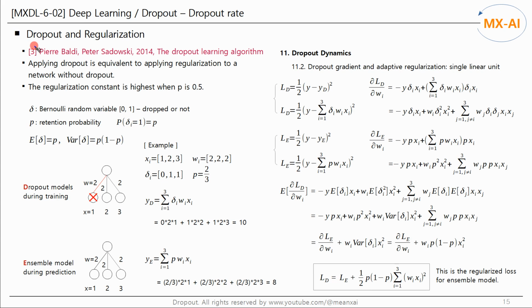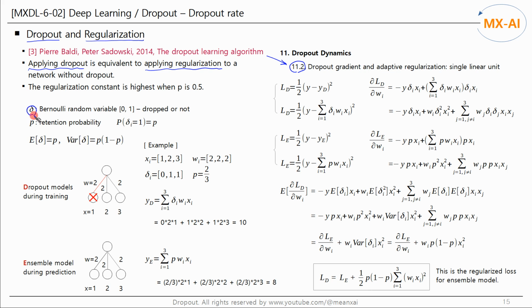Next, let's look at the relationship between dropout and regularization. Applying dropout is equivalent to applying regularization to a network without dropout. Let's look at what is mentioned in section 11.2 of this paper.